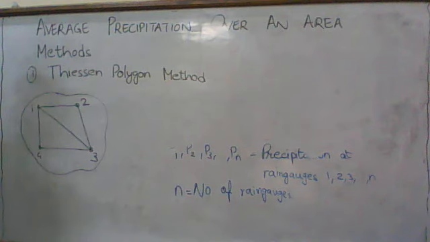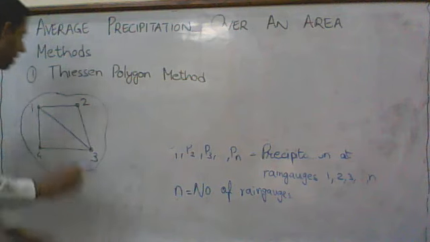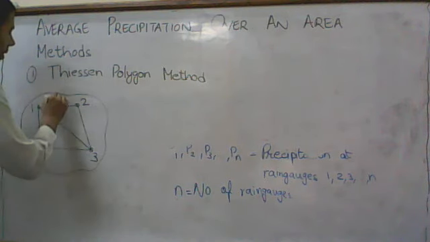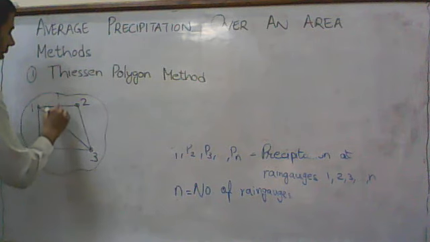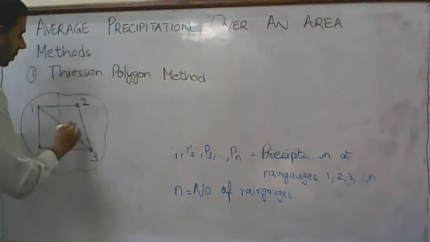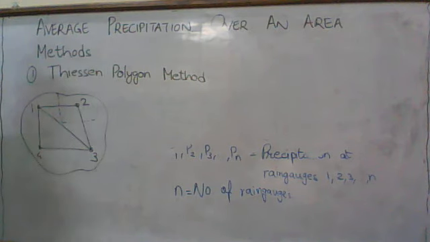Now each line is bisected by a perpendicular bisector. Suppose this is one line, this line is bisected by a perpendicular bisector. This is line 2, 3, which is again bisected by a perpendicular bisector.